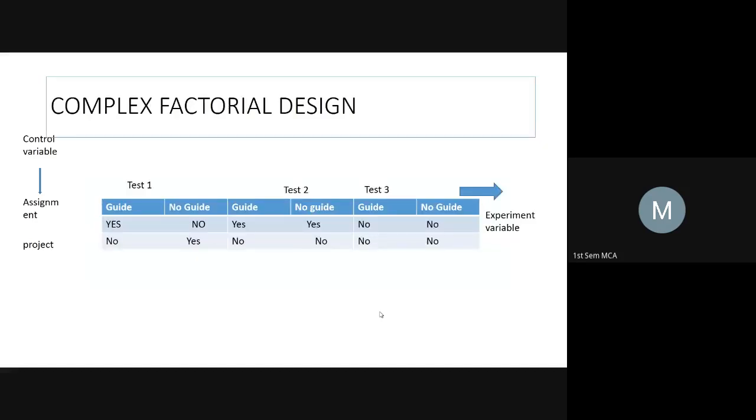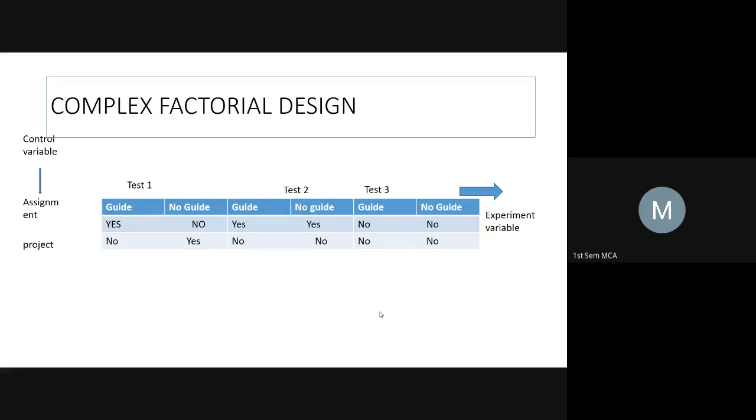Next, complex factorial design. A factorial design with 2 or more factors is called a complex factorial design. So here I have 3 levels and 2 factors.